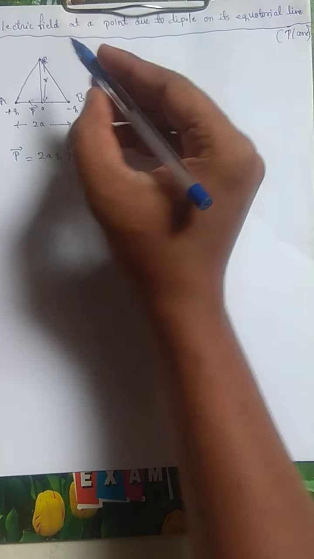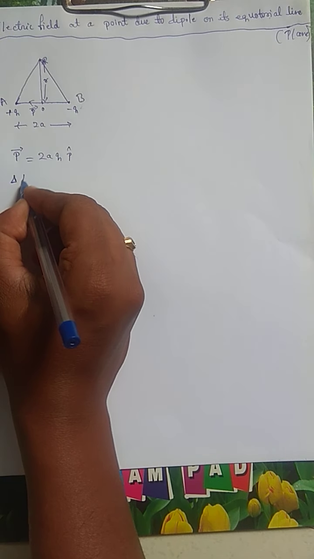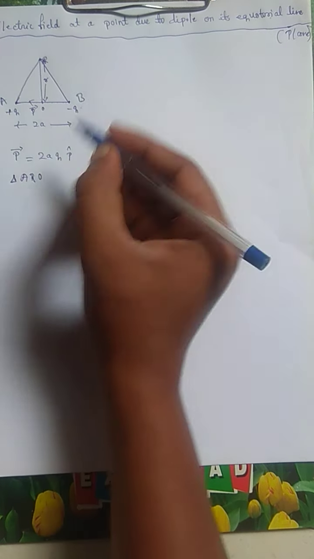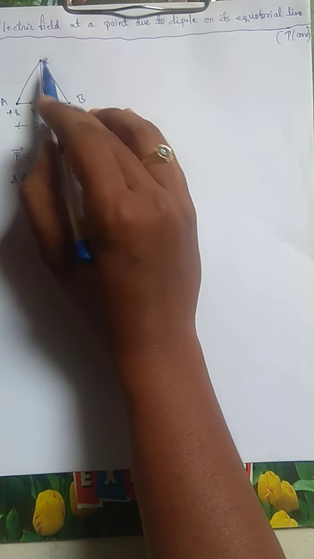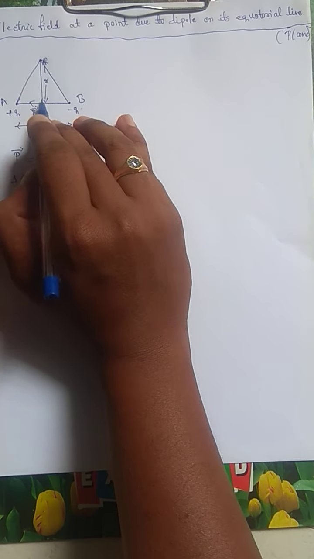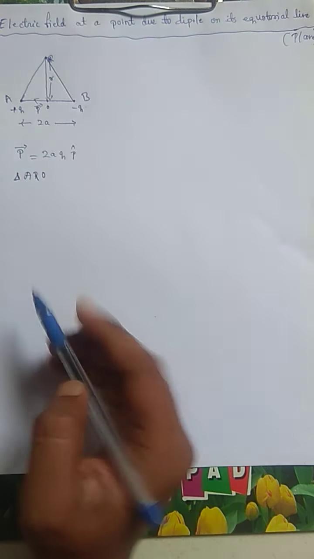Here we are observing the right angle triangle ARO. Using the Pythagoras relation we can get this distance, the longer side.